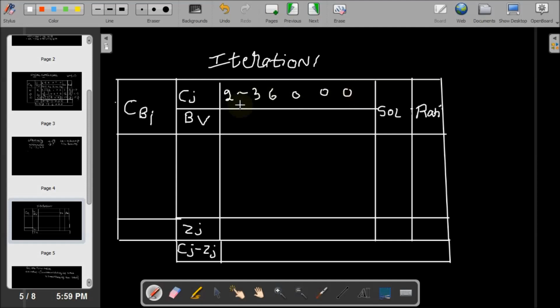So the bv values also remain the same: x1, x2, x3, s1, s2, s3. But here I told you what variables you have to include. So first I will include x2 here, because x2 is the entering variable.